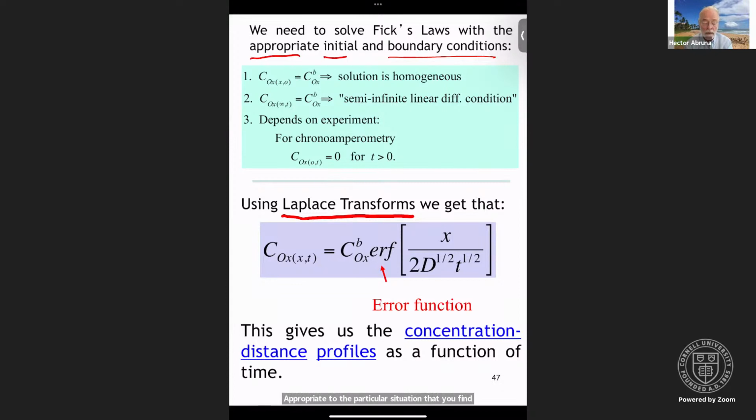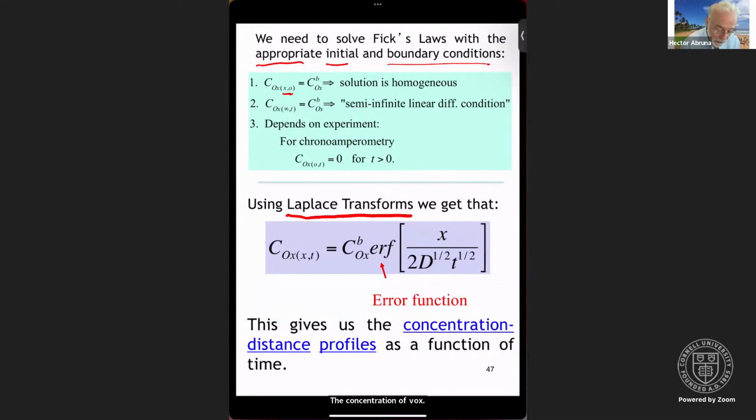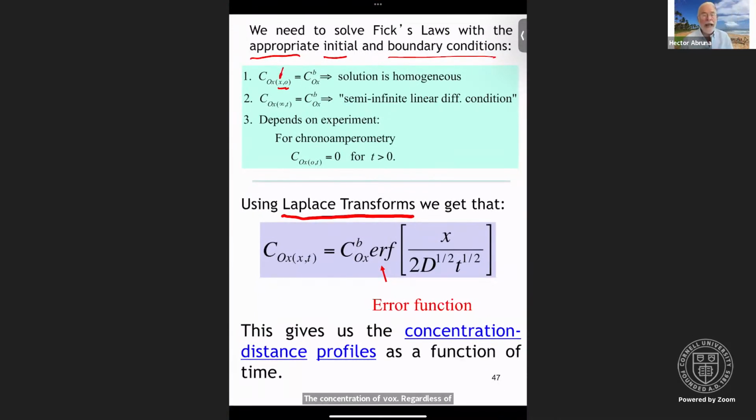And so initial conditions, it says that the concentration of Ox as a function of distance and time. So x is distance and t is time. So it's x and t. It says that at t equals 0, the concentration of Ox, regardless of position, basically at any x, is the bulk concentration of Ox.